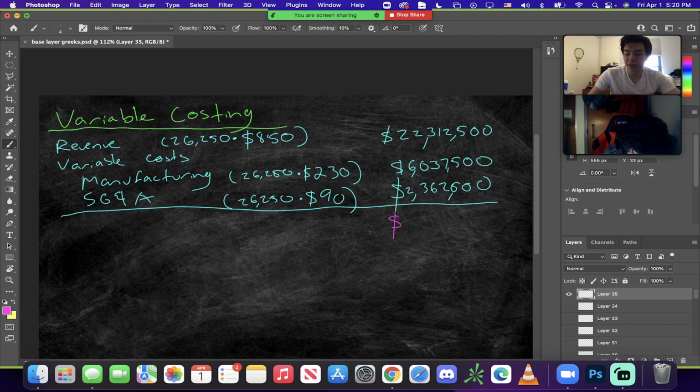And now what comes next? The CM, the contribution margin. Awesome. And what is that?